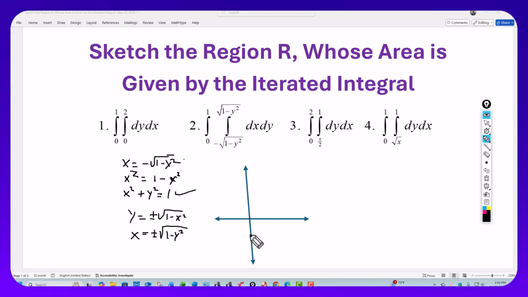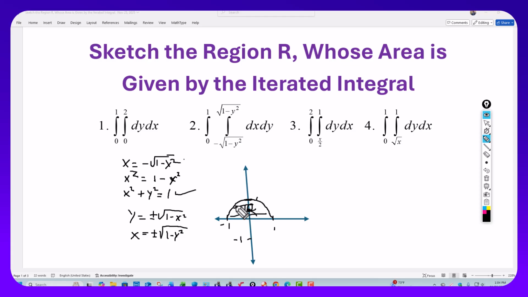It's going to give me this portion here and this portion over here, but y goes between 0 and 1. You say this is 1 there, minus 1 over here, 1 here, and minus 1 down here. So x would be this half here, from this side to this side. But because y is contained between 0 and 1, the region we're looking at is that one right there. That'll be shaded in, and this would be your region R.